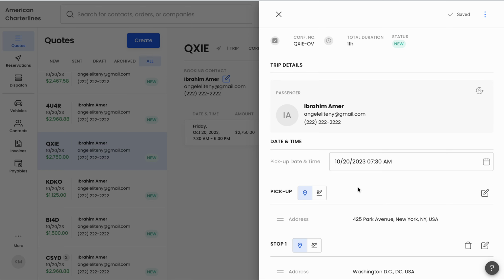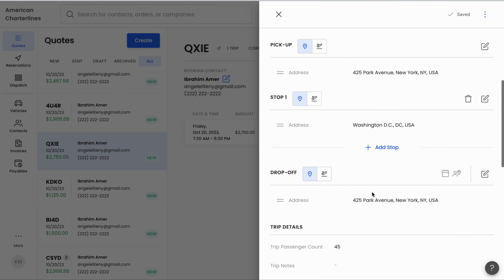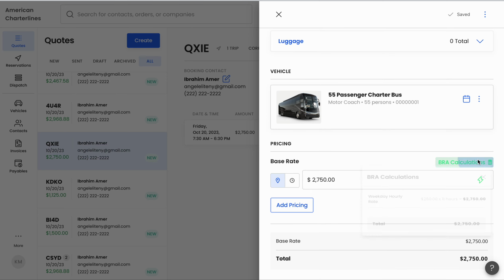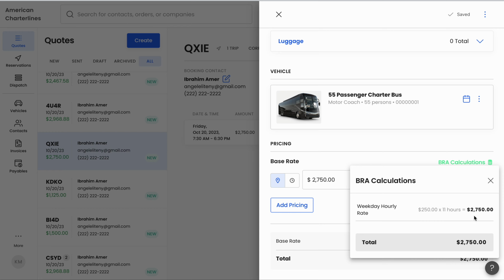We have an 11-hour trip, and we calculated by the hours, so we're looking at $2,750, right? However, if a one-way trip to Washington, D.C. is 229 miles, let me just multiply that by 2. We're going to end up with 460.